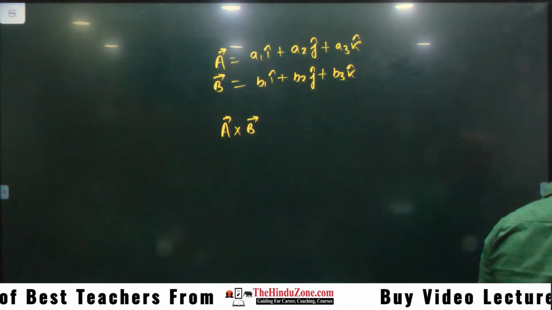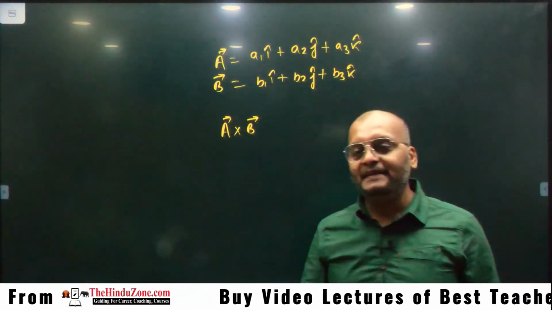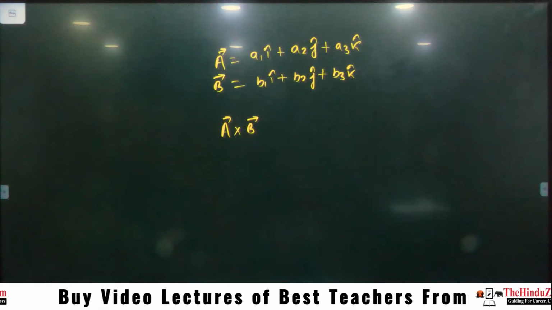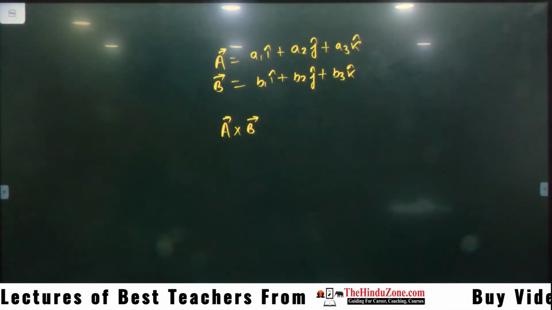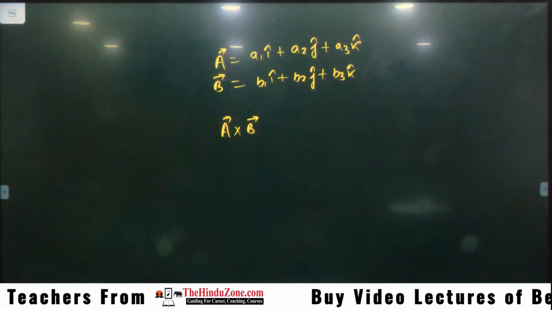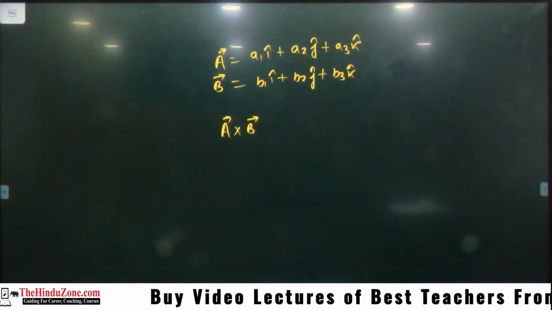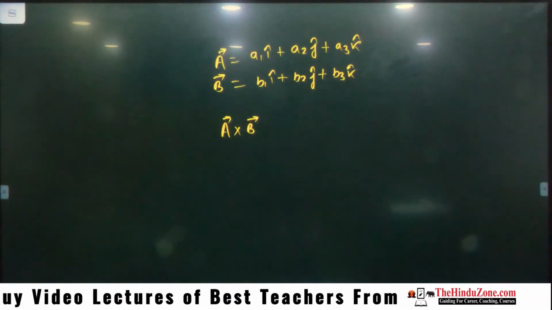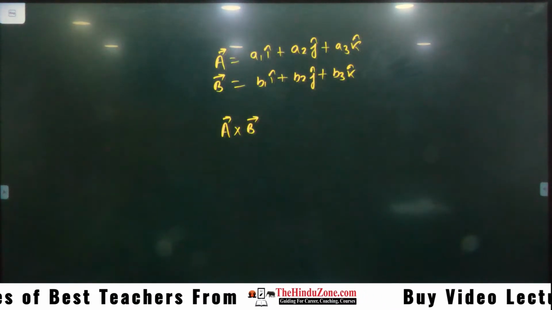Don't do it by the determinant method. Solve it by the normal way that I have told you. Don't write it like this. Write it here, then write B, and multiply properly. Do some work. Don't get lazy. Write them side by side, and multiply A and B. Now multiply A1 I cap into B1 I cap and write what the answer is.